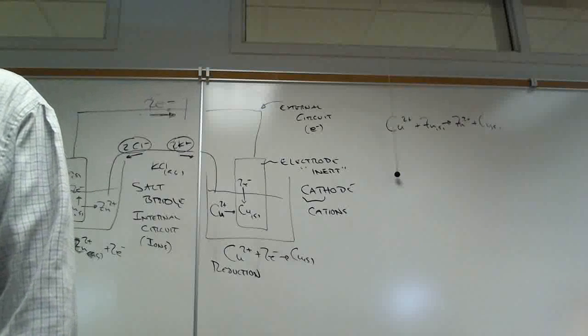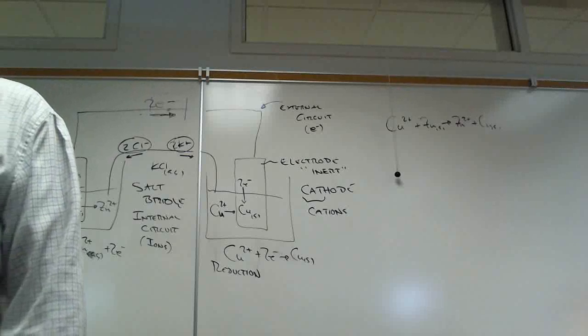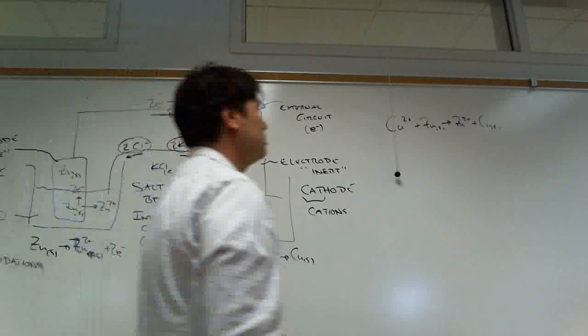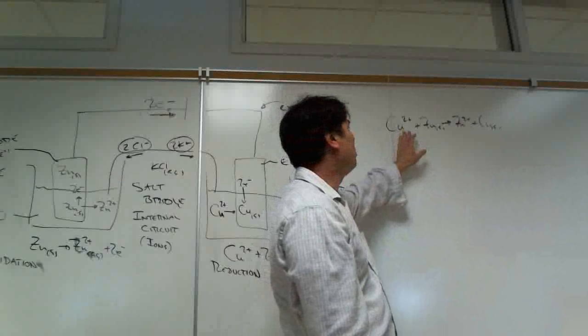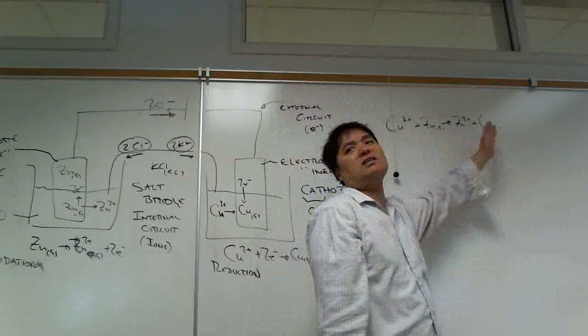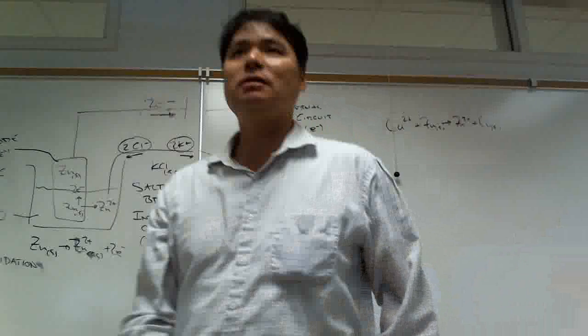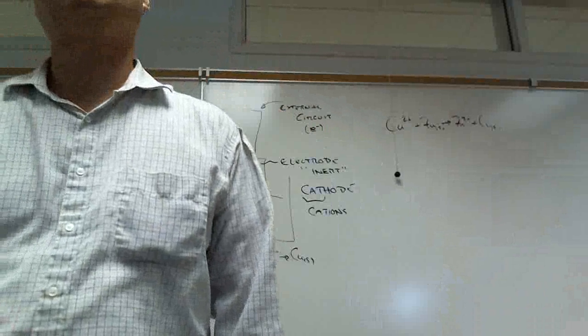And the reference tables are based on non-standard conditions or standard conditions? Standard conditions. And so if we're doing things under standard conditions, what are the concentrations supposed to be? 1 molar copper and 1 molar zinc. It's ridiculous to put 1 molar zinc in there, isn't it? This is just going to decrease the voltage and push the reaction back.